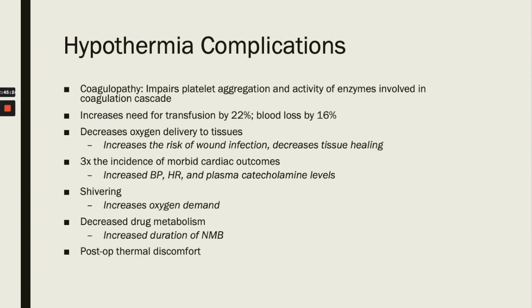That can reduce shivering and the vasoconstriction threshold in patients that are hypothermic or cold. It also decreases drug metabolism, so your patient may stay a little bit paralyzed longer with some neuromuscular blockers on board. So try and keep your patients warm so they can metabolize the drugs faster.